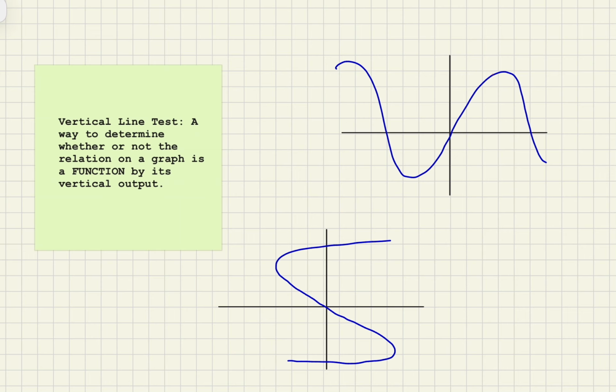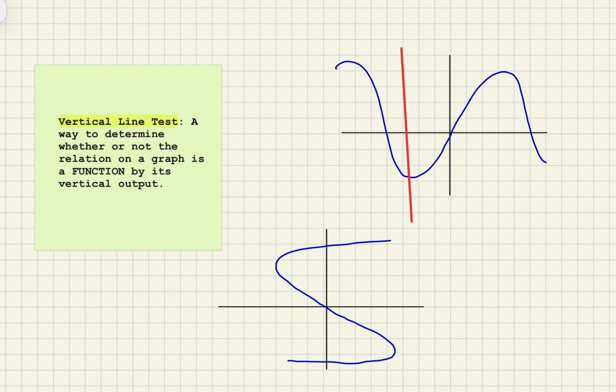In order to determine whether a relation on a graph is a function or not, we have something called the vertical line test. In order to perform this test, you have to draw a vertical line through your relation.